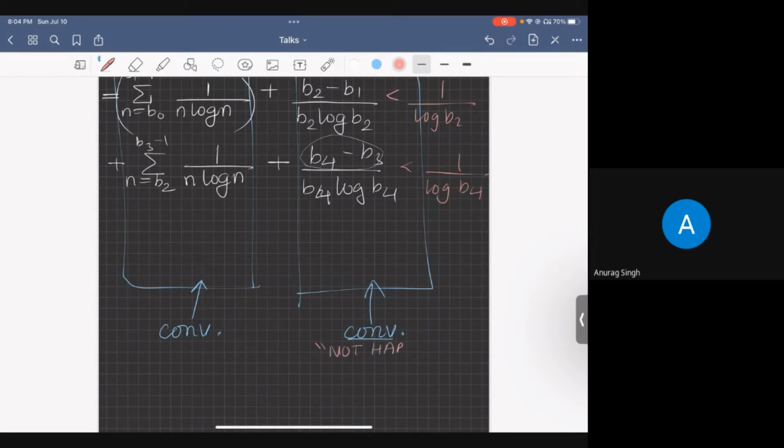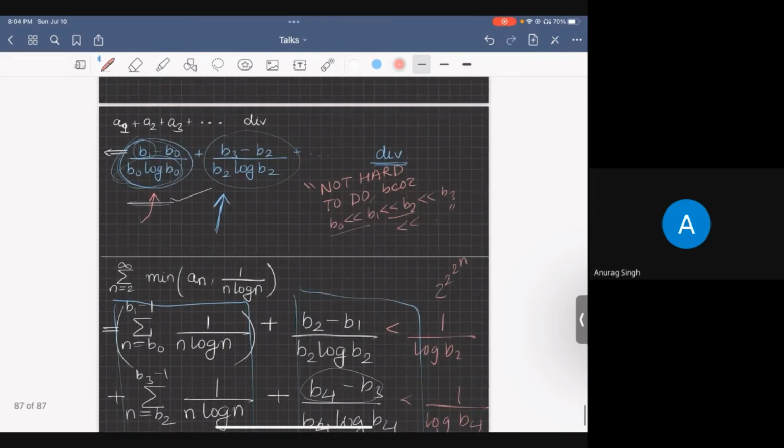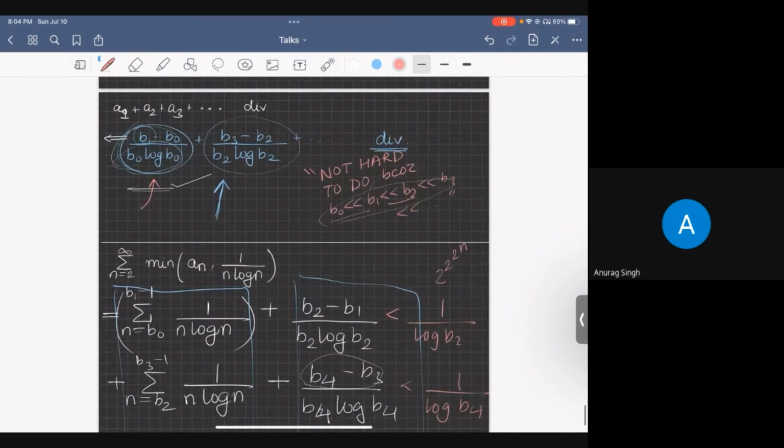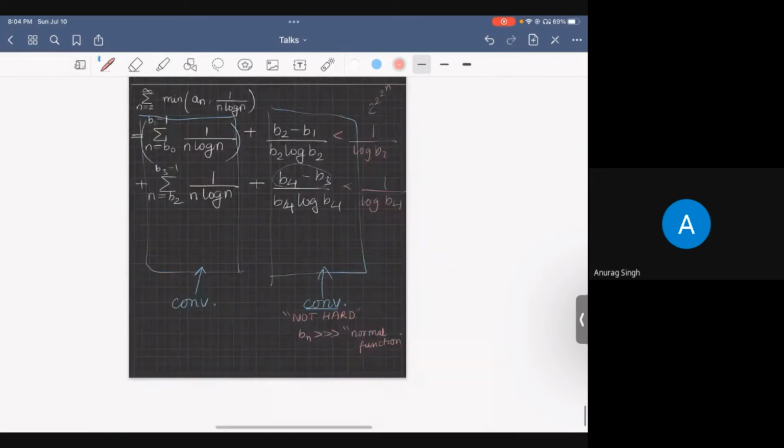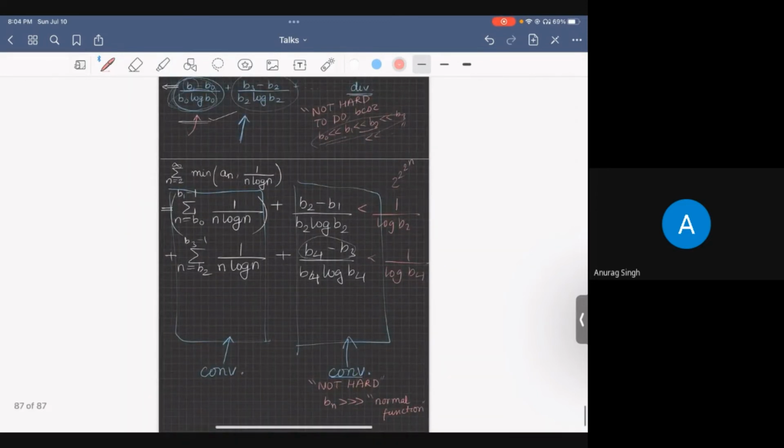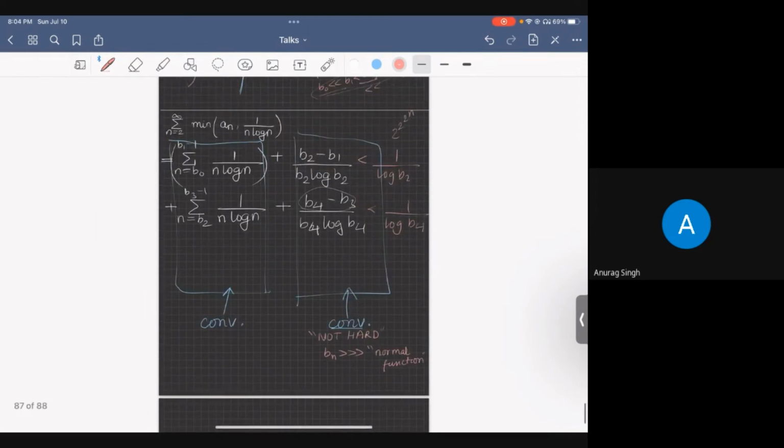If I take each bn to be much, much larger than any normal function, you know what I mean? Or even this is enough: if b naught is much, much smaller than b1, etc. We do not need to put many restrictions on b1 and b2.